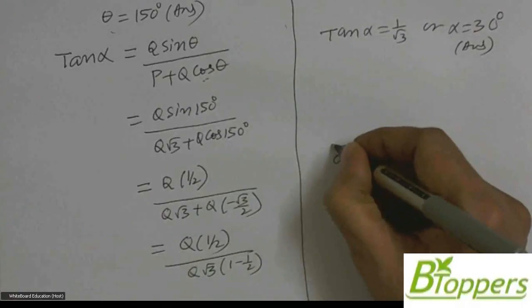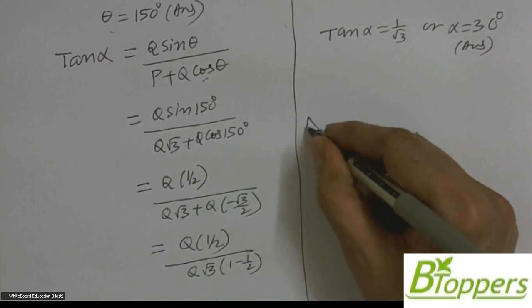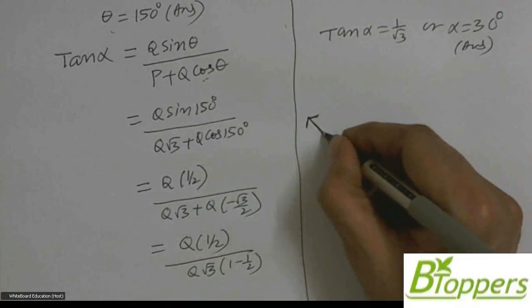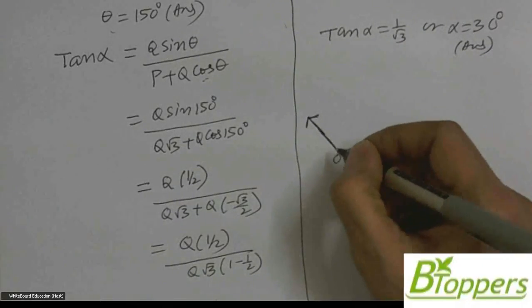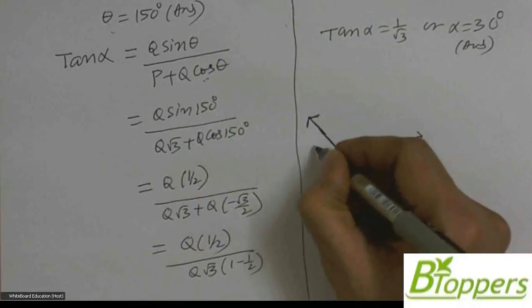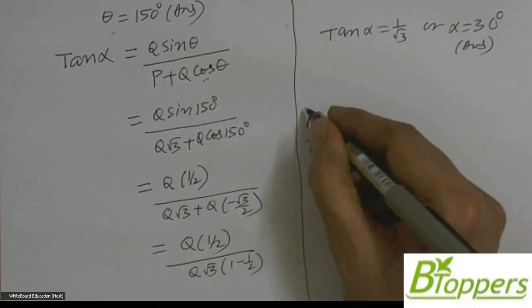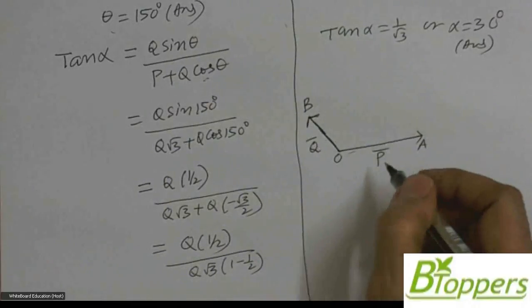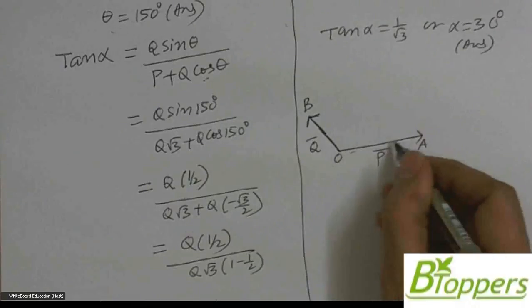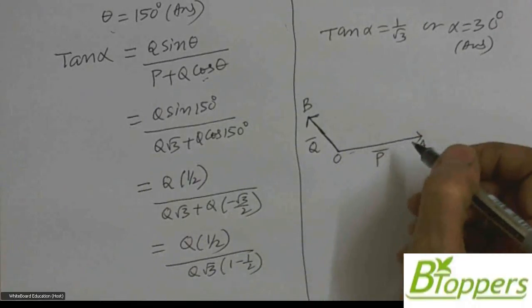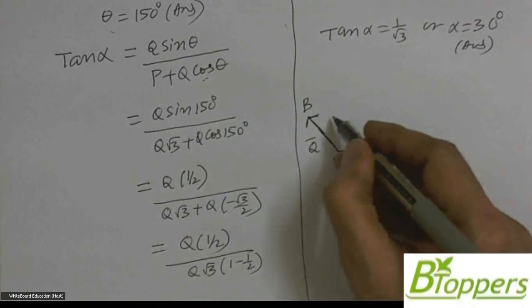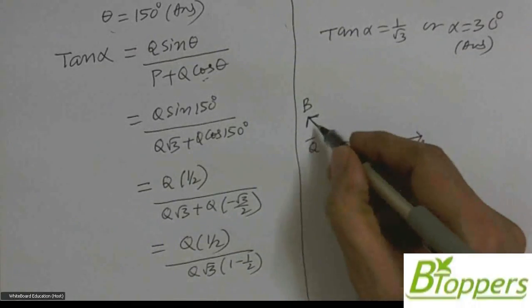Given that the angle between P bar and Q bar is 150, we got the answer for the first part of the question as 150 degrees. So the angle BOA is 150 degrees here. The directed line segment OA bar represents the vector P bar, and OB bar represents the vector Q bar.